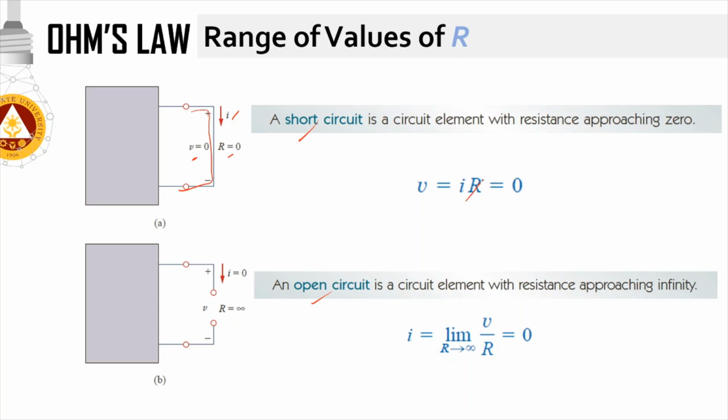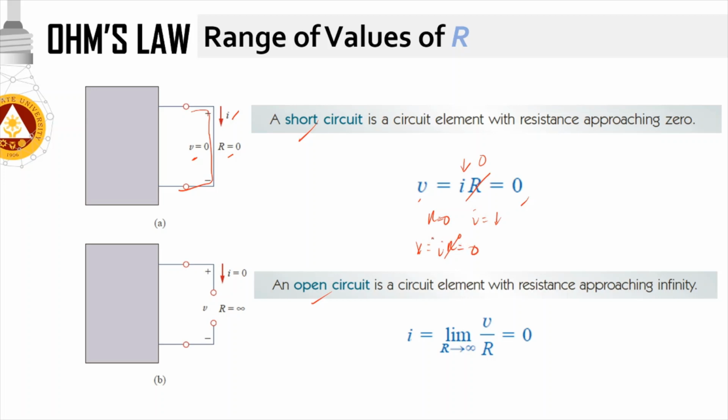If R is equal to 0, we have a value of I, whatever the value of I multiplied by 0, the voltage is always equal to 0. Again, I repeat: in a short circuit, R is 0, we have a value of I, but the voltage across that system, I times R, is 0, so our voltage would also be 0.